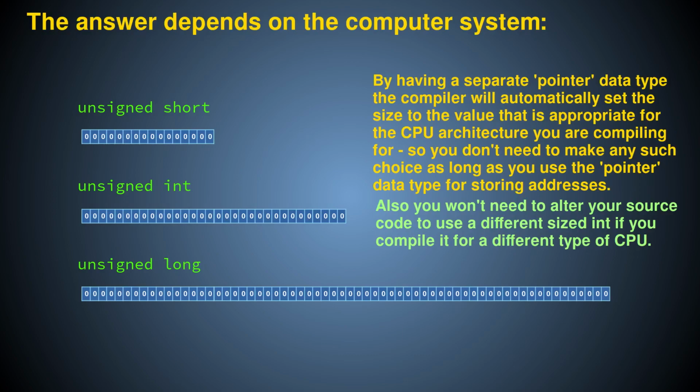Having a separate data type for a pointer means the programmer doesn't have to guess or work out what type of integer to use, or change that data type in all their source code whenever they want to compile the same program for a different system, because the compiler will automatically use the correct size data type at compile time, according to what processor architecture it's compiling for.